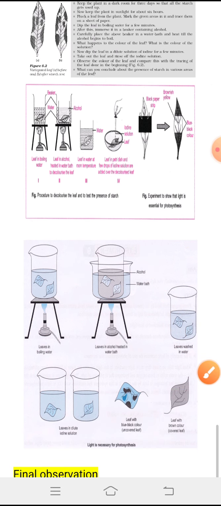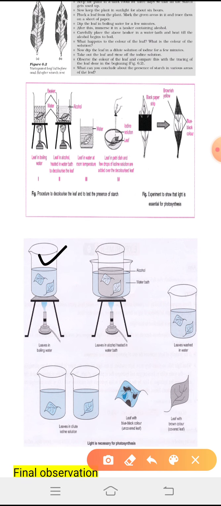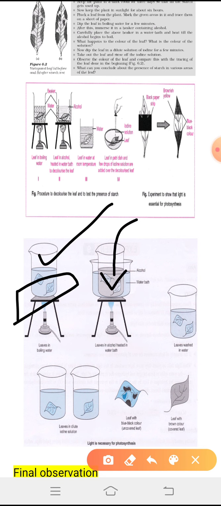See here, the first beaker: I took the leaf, boiled it and made it soft. I have removed the leaf. Inside the same beaker I have kept another beaker which is containing alcohol, and I have dropped the leaf which I made soft earlier.